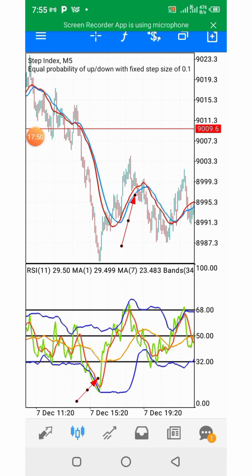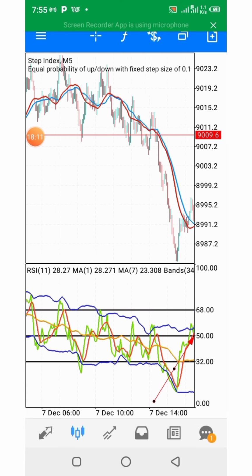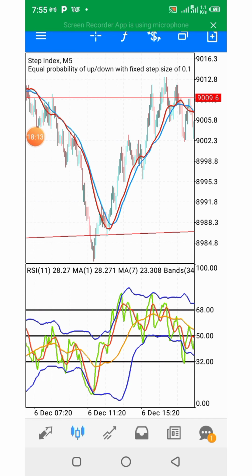When it touches at this downside and moves across this other moving average and starts going up, you place your market in a buy. Look at it, it will ride you up. You maybe take your profit when it reaches this 50 and then you are good to go. So that is how this indicator works perfectly well.